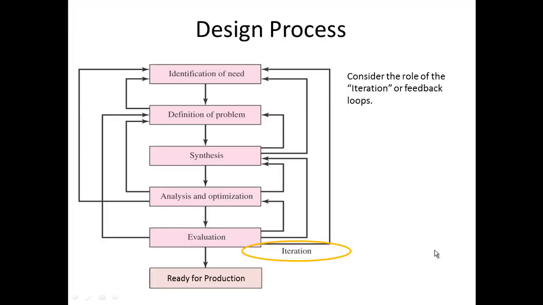At this stage of the process, you could be ready for production, or there may be some iteration. I wanted to comment about the iteration, or the feedback loops. Each of the first 5 steps has feedback loops to any of the previous steps. I wanted to discuss that a little bit.